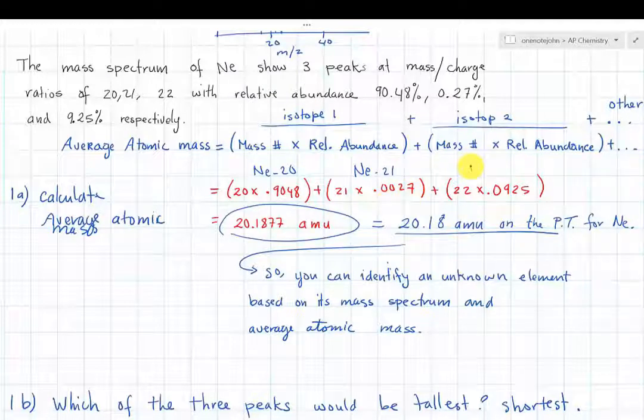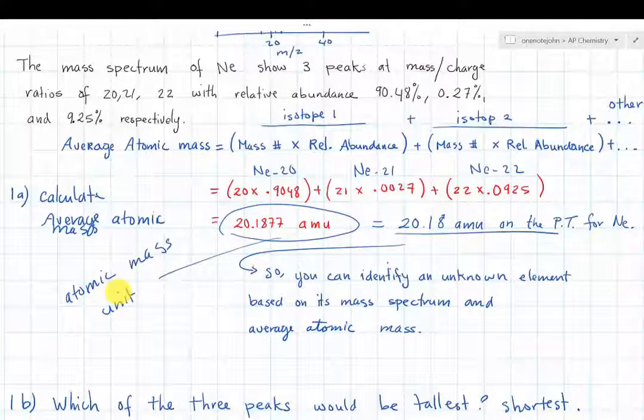And then we have neon 22. We don't have any more isotopes because there are only 3 isotopes for neon. We plug everything into a calculator and solve it, and it turns out to equal 20.1877 AMU. This stands for atomic mass unit. And if we look at the periodic table, neon also has 20.18 AMU.